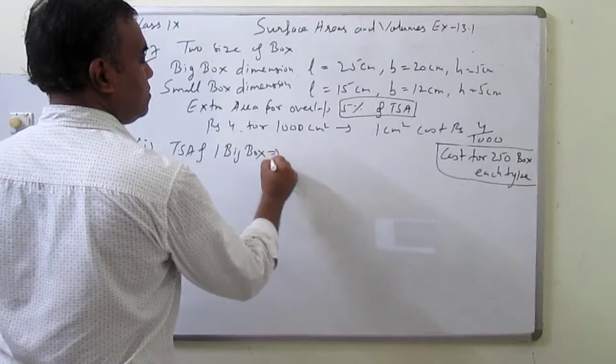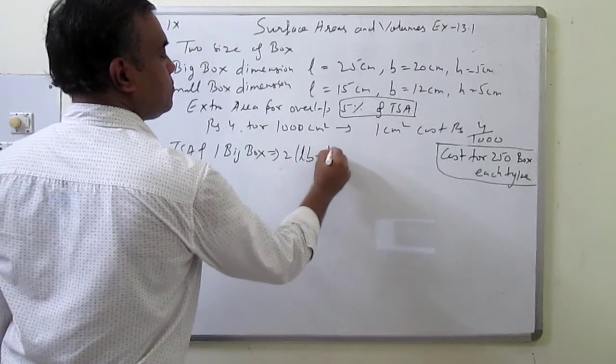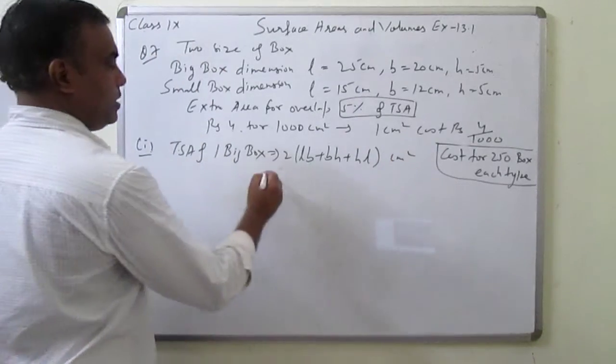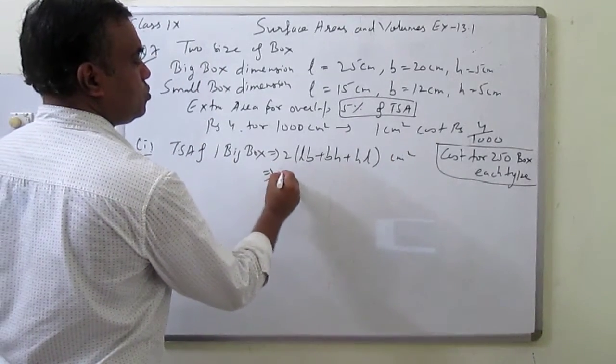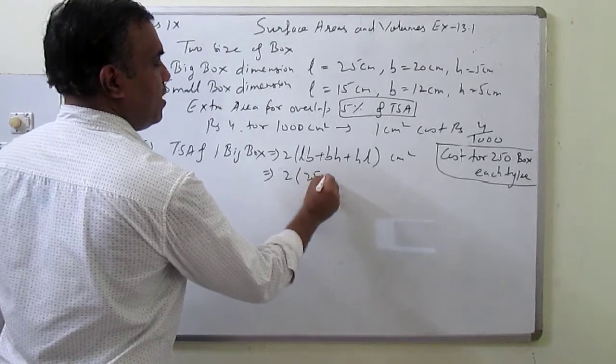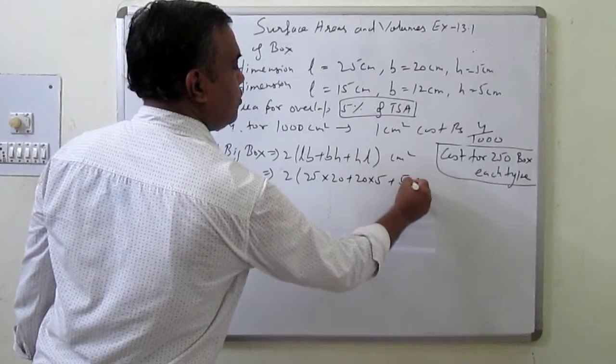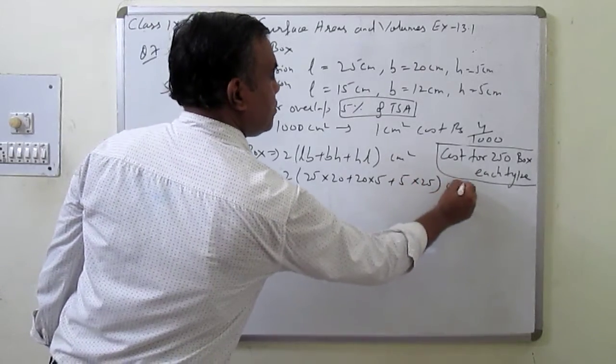So it is 2 bracket LB plus BH plus HL centimeter square. Now putting the values, 25 into 20 plus 20 into 5 plus 5 into 25 centimeter square.